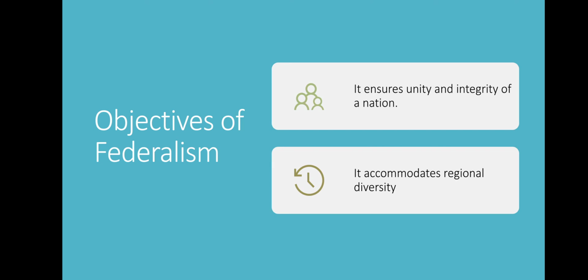Every region, every area, every province has their own set of issues and problems. So regional autonomy, regional diversity is accommodated. So all live together. So federalism has dual objectives: ensuring unity and integrity of a nation and accommodating regional diversity.